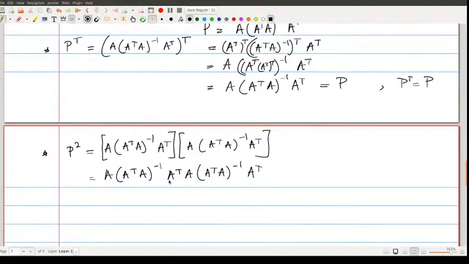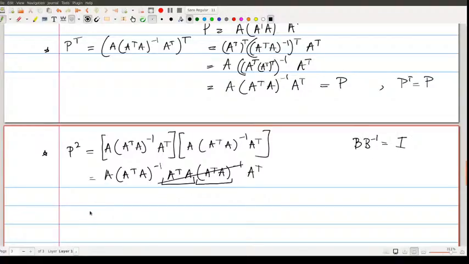And over here we can notice that we have this matrix A transpose A, and the same matrix's inverse, right? This is A transpose A, and this is the inverse of A transpose A. So when I have a matrix B being multiplied by its inverse, I know that I get the identity matrix.